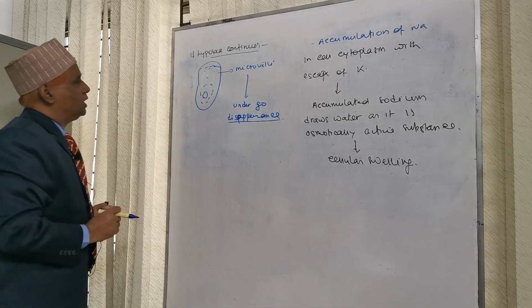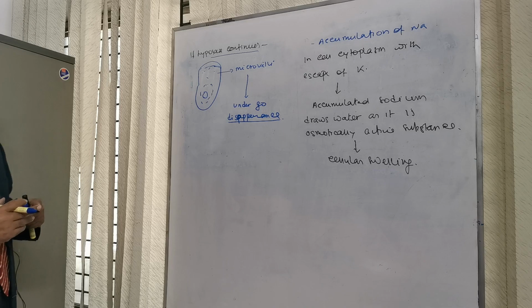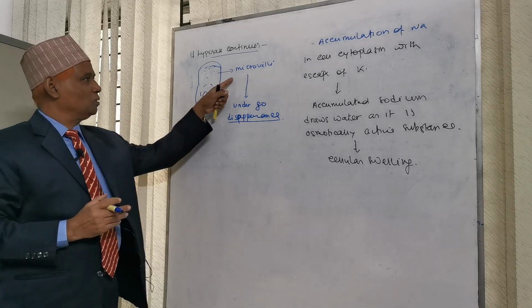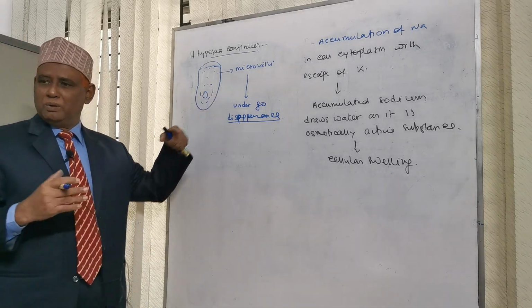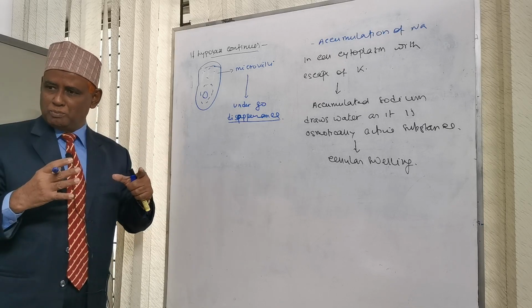So if hypoxia continues, excess water will accumulate in the cell, gradually the microvilli disappear, and the cell increases in size due to excess accumulation of water.